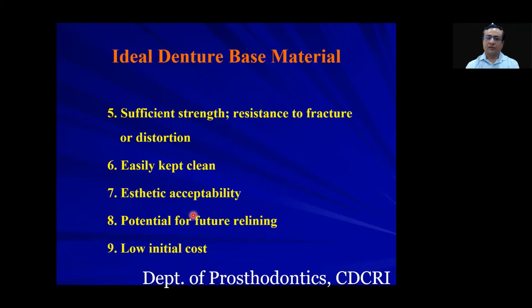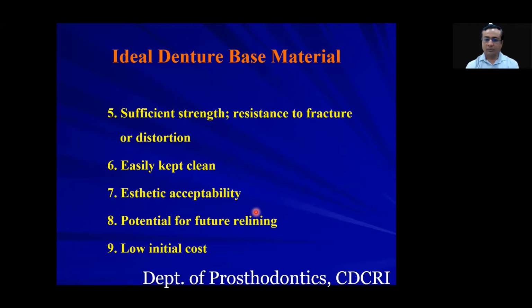Another important requirement for a good denture base material is relining. You should be able to perform the relining. And when is relining required? Relining is required because with the passage of time, the alveolar bone undergoes resorption. This alveolar bone resorption, you cannot completely eliminate. This is a natural process.